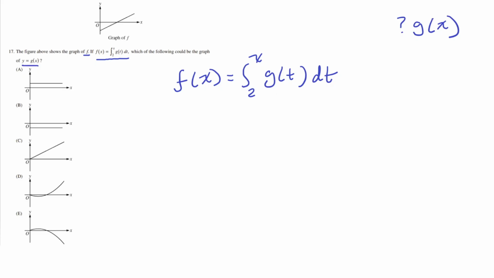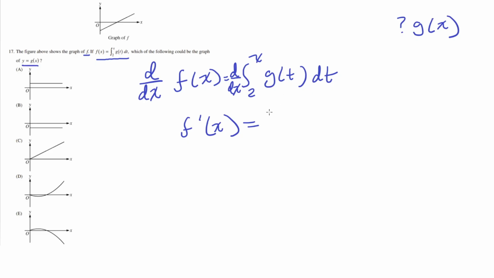g of x is take the derivative with respect to x on both sides of this equation. So we'll take the derivative of the left-hand side, and we'll take the derivative of the right-hand side with respect to x. On the left-hand side, the derivative of f of x is just f prime of x, the first derivative of f. And here on the right-hand side, we're taking the derivative of the integral of g of t.